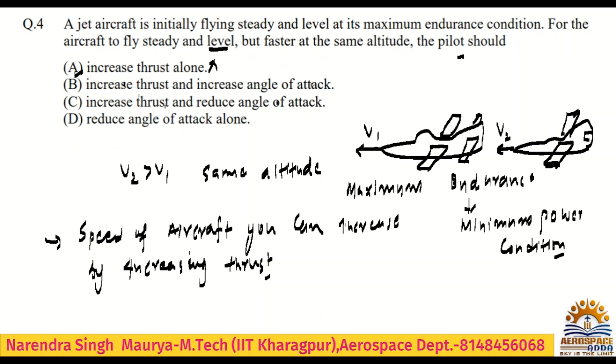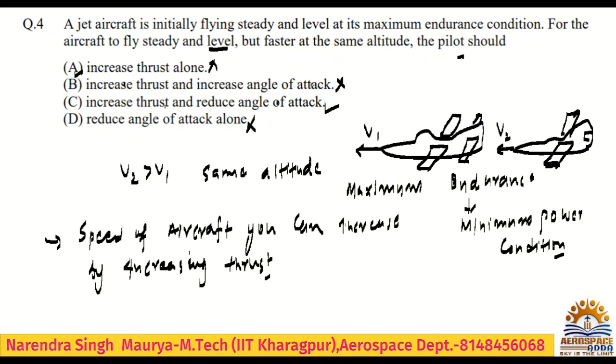Increasing thrust and increasing angle of attack is 100% wrong, because the speed will increase, but the aircraft will go for climbing, gaining altitude, and you don't want to go to another altitude. So you increase the thrust and at the same time reduce the angle of attack. This one is the correct answer. Reducing angle of attack only is 100% wrong.